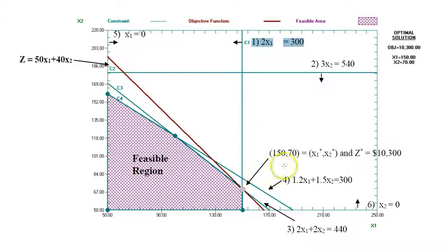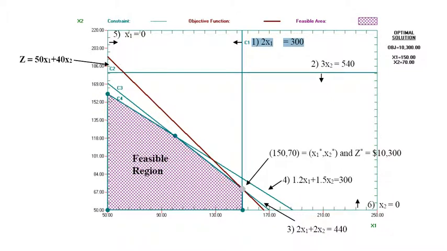So now I have to find the intersection of each of these two lines, because these corner points, I have here 1, 2, 3, 4, 5 corner points that bound the feasible region. This corner point is the intersection of these two lines, this corner point is the intersection of this and this, and this corner point is the intersection of this line and this, and so this one.